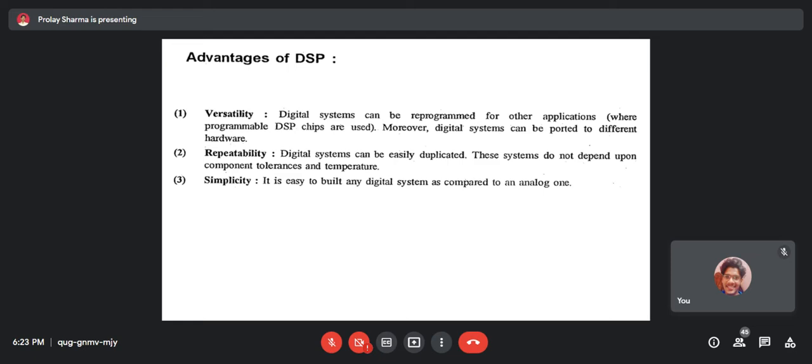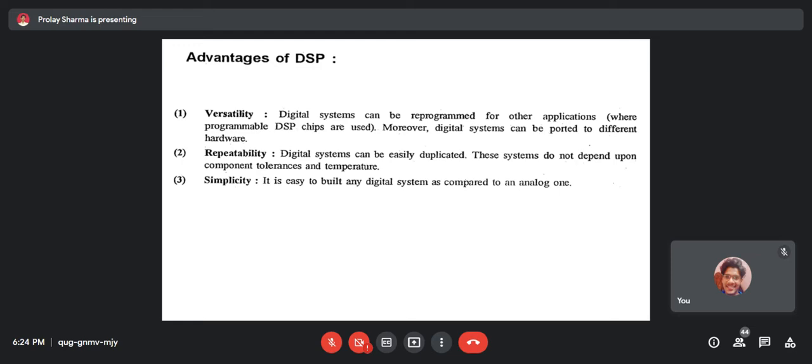In analog, suppose in an analog circuit, you have made one filter through an op-amp and transistor and other active components. Suppose 2 or 3 days after you want to change the performance of the filter, then what do we have to do? We have to desolder and solder many components.